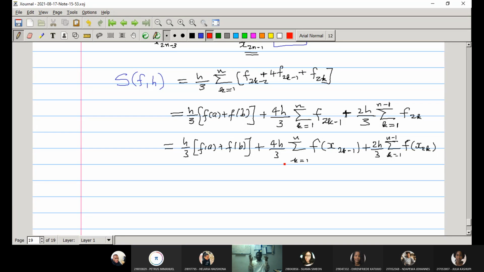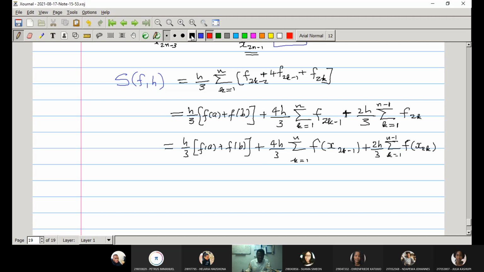Now the remaining terms, those with even subscript, will be summed twice, so the factor will be 2 times h by 3. Now, if you want a formula similar to the one on the slide, it's similar. Just take this last portion and put it in the middle. It's exactly the same.